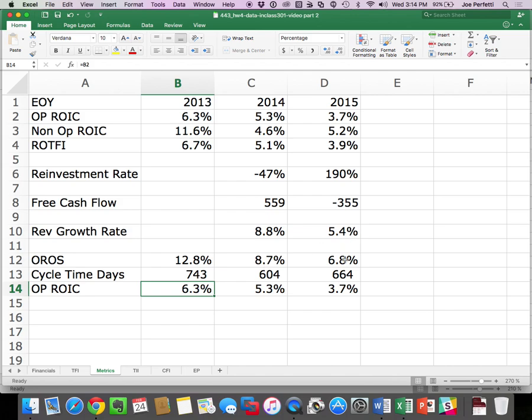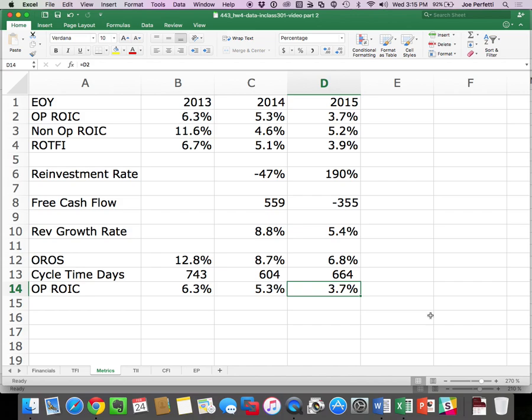In 2015, it made 6.8% every 664 days for a 3.7% annual rate of return. Is it getting better or worse? Is 2015 or 2013 better? What's better?